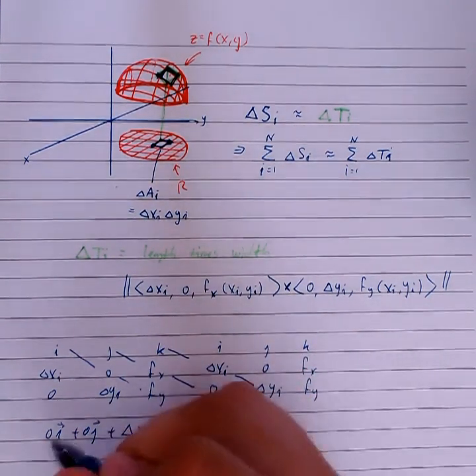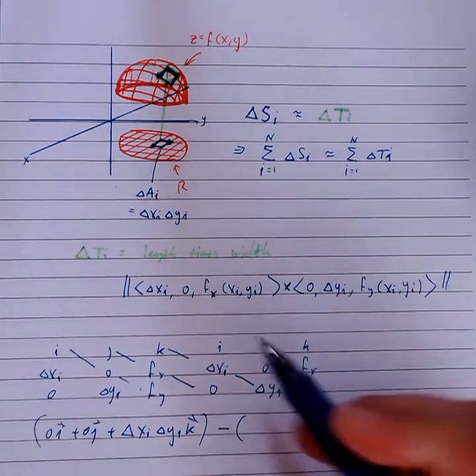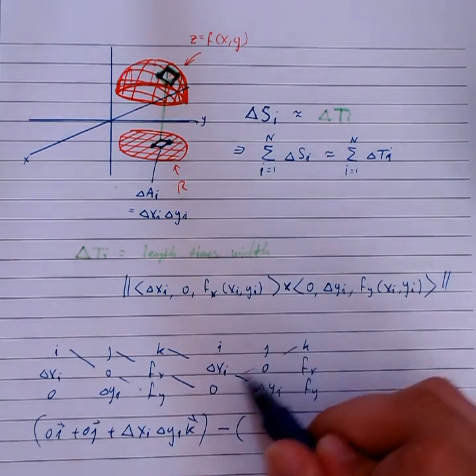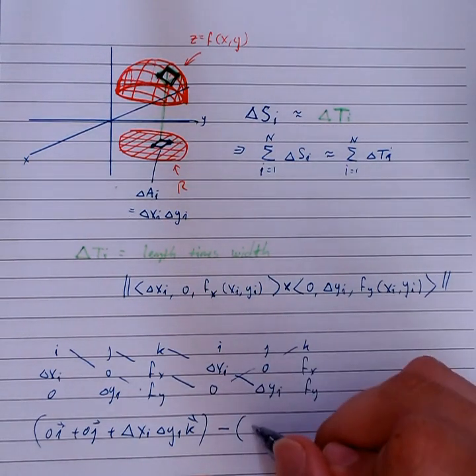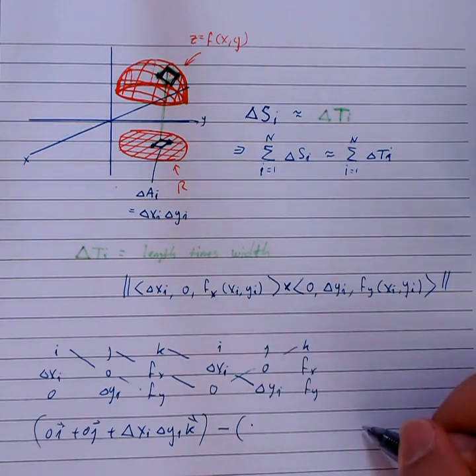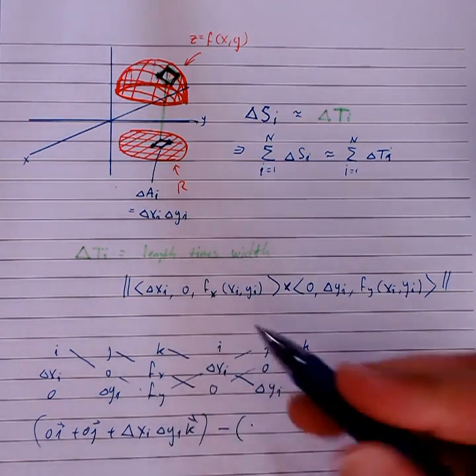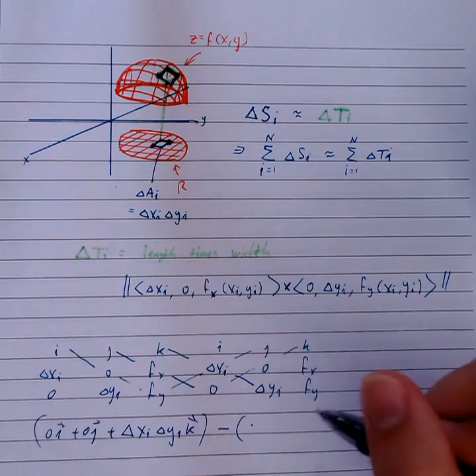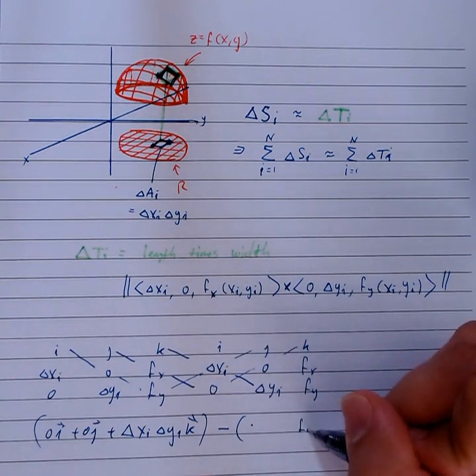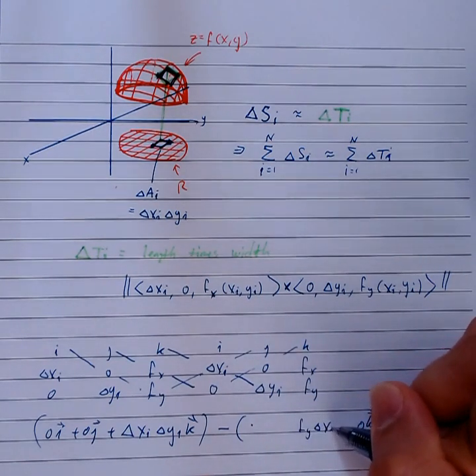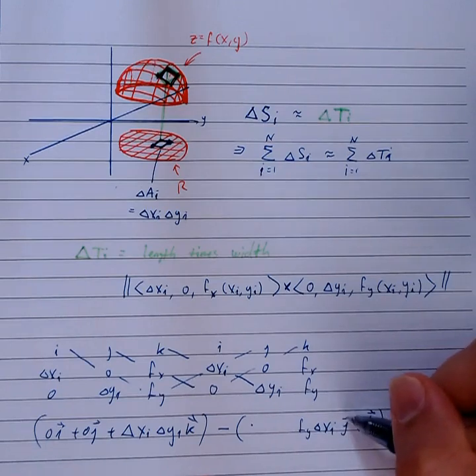But now I'm going to say minus, and then I'll go in the other direction. Well, that's 0, so that's 0k, and let me write that in order, so let me write the k at the end. Here that's going to be f sub y delta x sub i j.